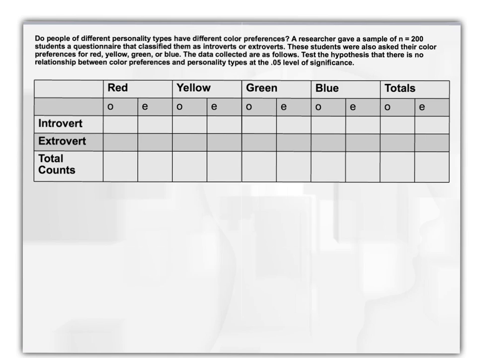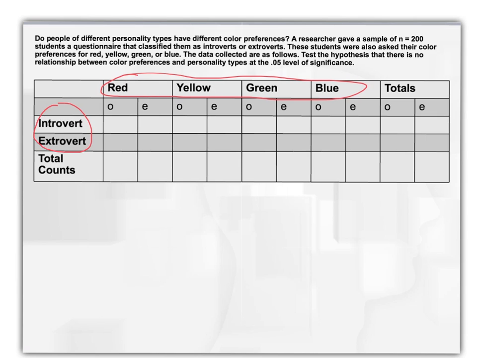We have a sample. We have categories. But the big difference is that we have more than one dimension. We have a dimension of color, and we have a dimension of personality, introvert and extrovert.